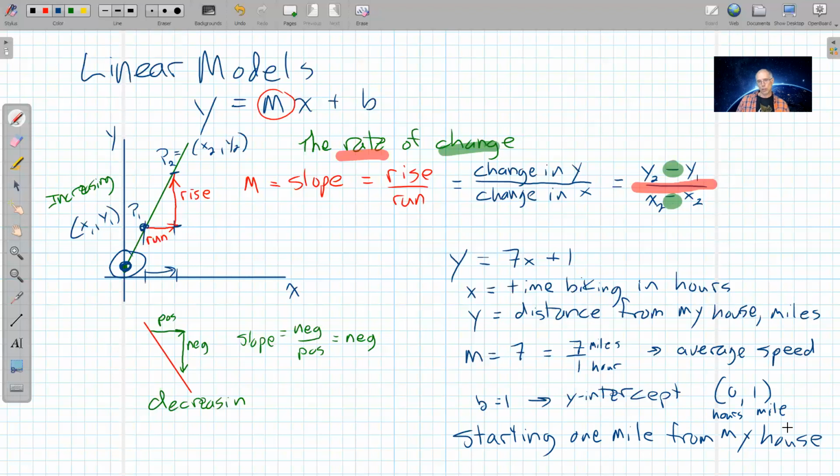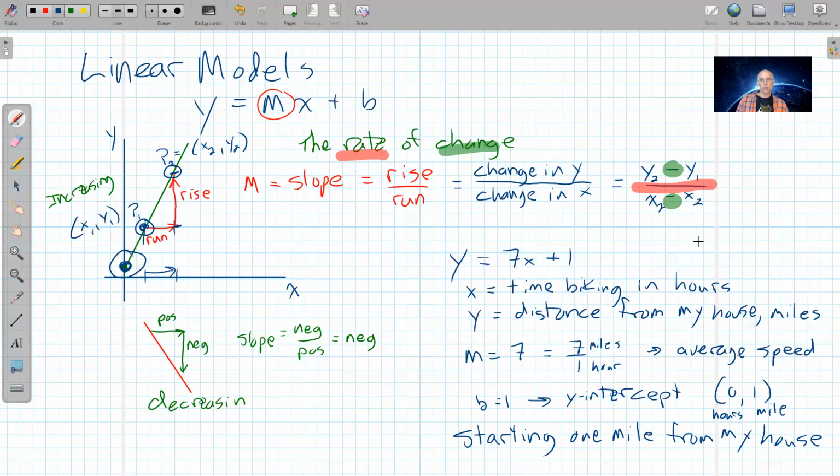So this week, you're going to play around with, given some information, maybe you're given the slope and the y-intercept, and then we write an equation, and we use the equation in different ways. But other times we're going to give you 2 points related to the situation, and based on those 2 points, we're going to come up with the slope by finding the difference in the numbers.